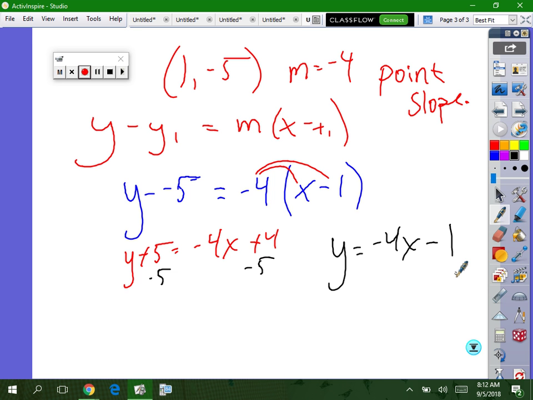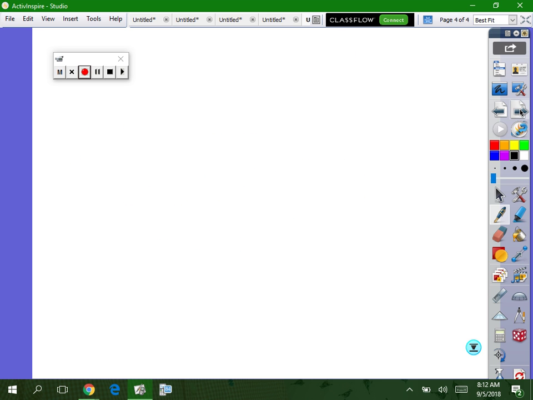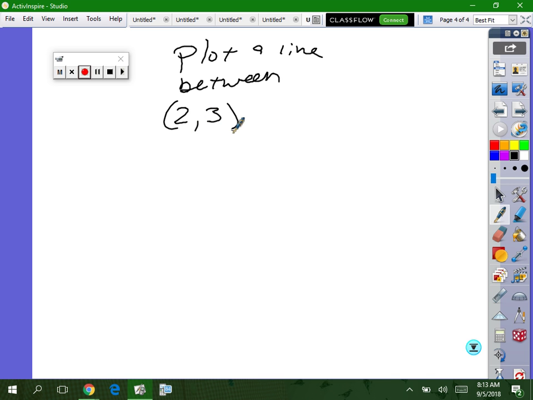All right. So, what if you get equations that say, I'd like you to plot this graph. It is a line, plot a line, I guess I should say, between the 2 points, 2 comma 3, negative 4 comma negative 7.